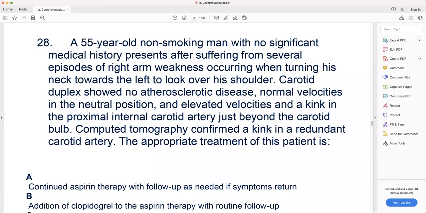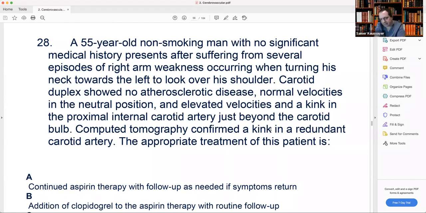What about a stent? Can we fix a kink with a stent? It can be, but it will not be my first option. The patient's age is young, 55. And the second thing is that a stent will never fix a normal kink.